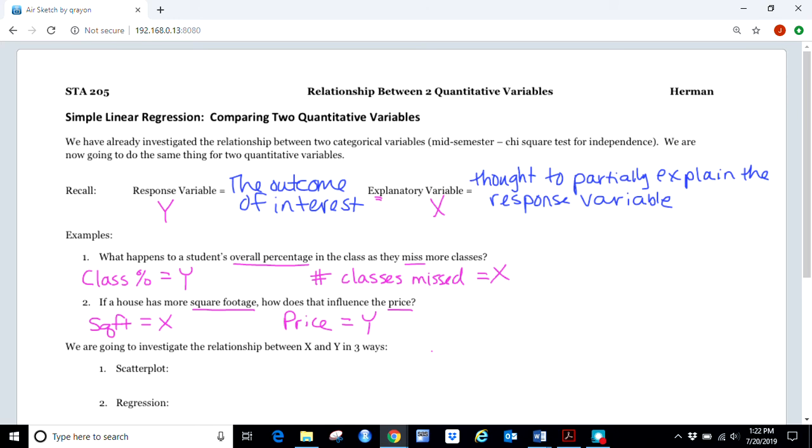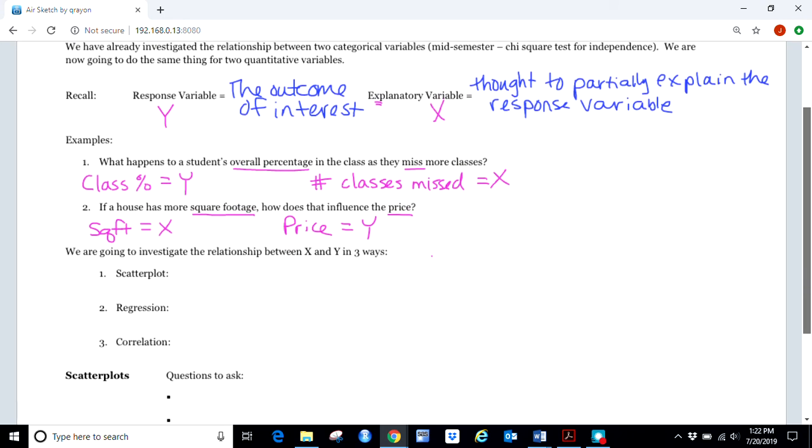Now, as we start investigating this relationship between our two variables, we're going to do it in a few different ways that we're going to get into a little more specifically in future videos. Here we'll just briefly talk about them. The first thing that we're going to talk about is what's called a scatter plot.